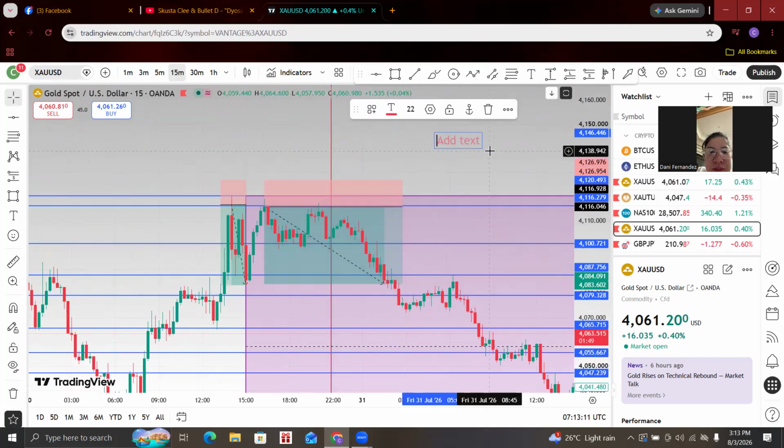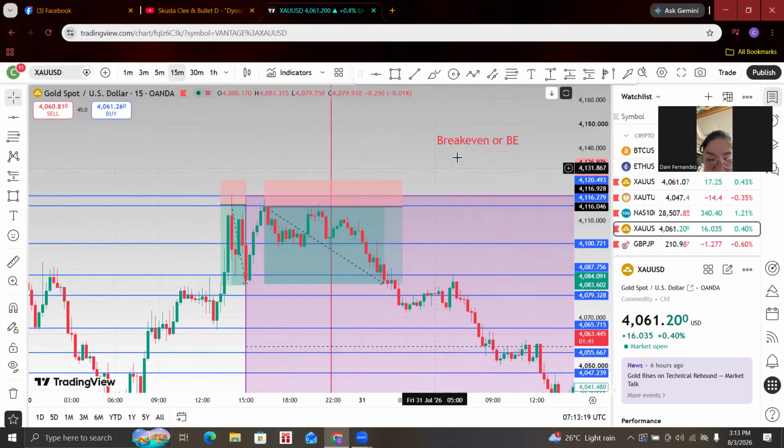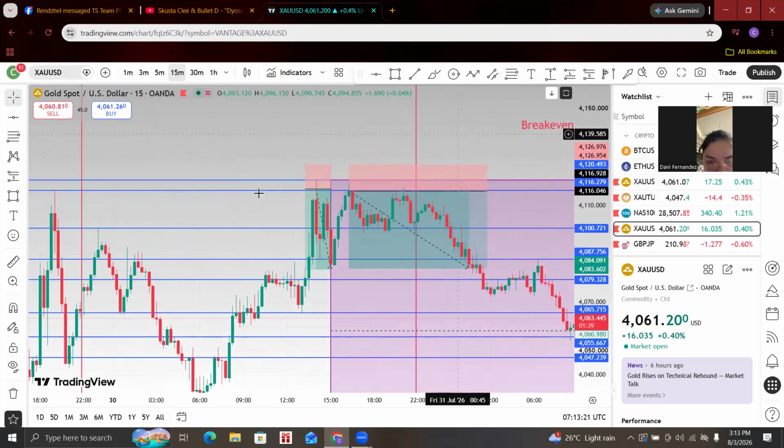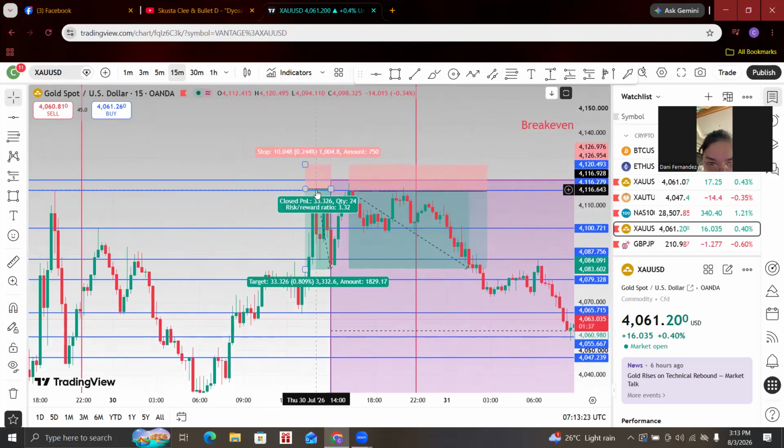Break even, or BE. So, ganito gagawin mo. Kunyari, nag-enter ka ng 4116, tapos bumaba na siya ng 4111.